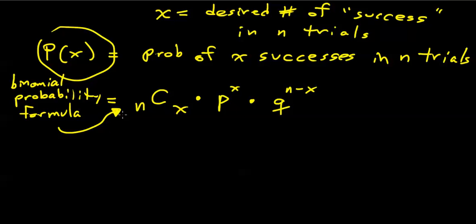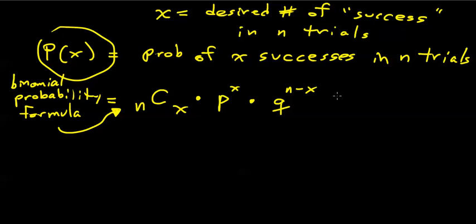It'll give me the probability of x successes in n trials. Well, if little p is the probability of success, then p to the x power accounts for x successes. If little q is the probability of failure, then this factor represents the probability of n minus x failures.